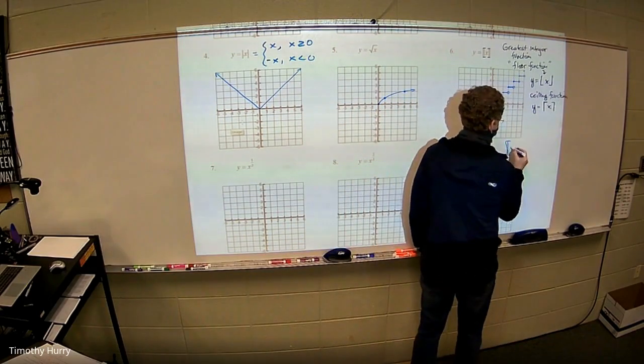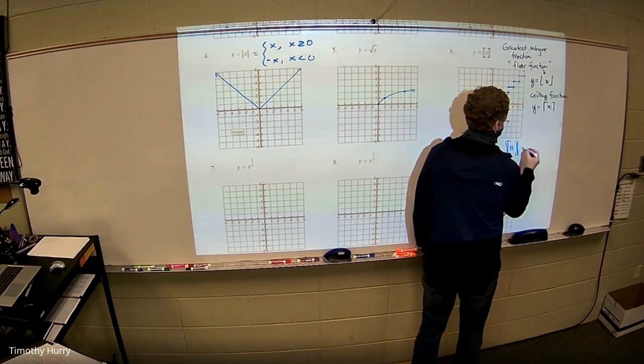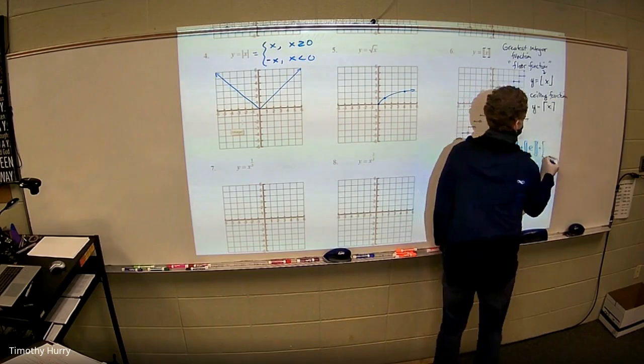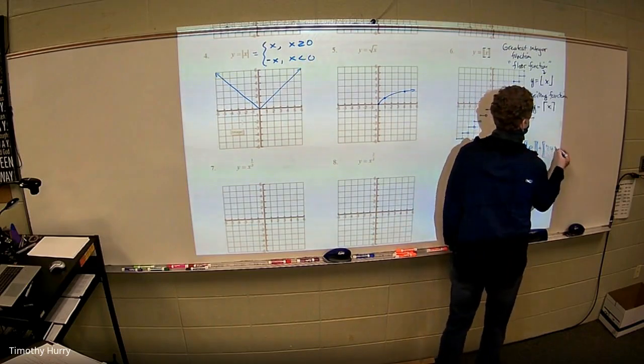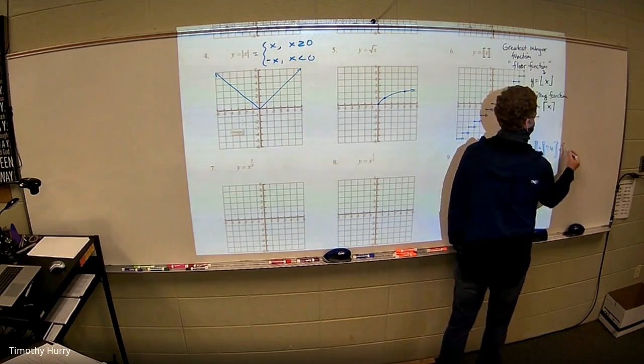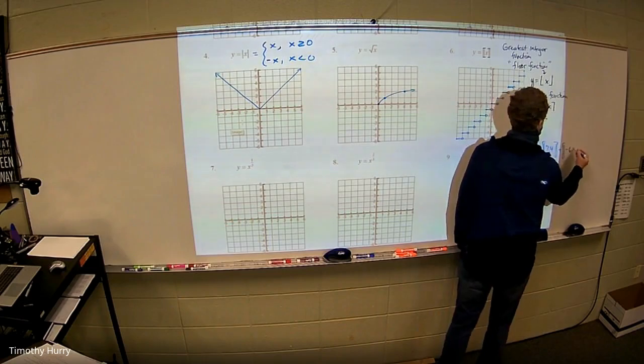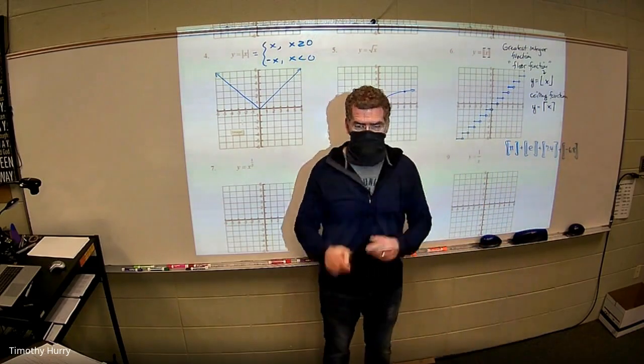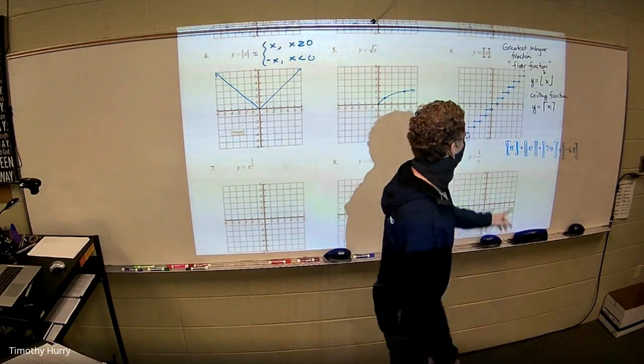The greatest integer function of pi plus the greatest integer function of e plus the greatest integer function of 7.4 plus the greatest integer function of -6.8. And it's really testing your knowledge of the greatest integer function and of stuff like this.